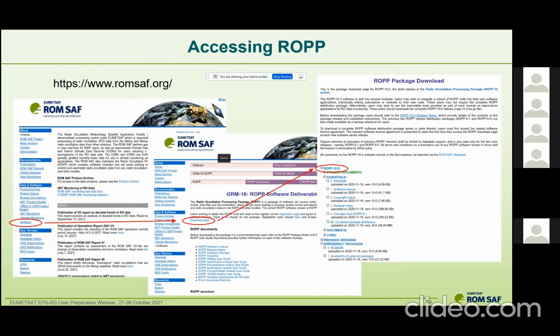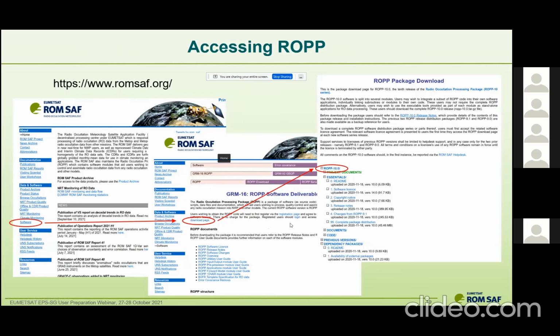Finally, accessing ROPP, go to the ROMSAF homepage. Down in this column here on the left, there's software. Click on that. You get to this page. There's another piece of software, GBGP, which I haven't spoken about, the ground-based processing system. But go to that and you'll find ROPP as your default position.